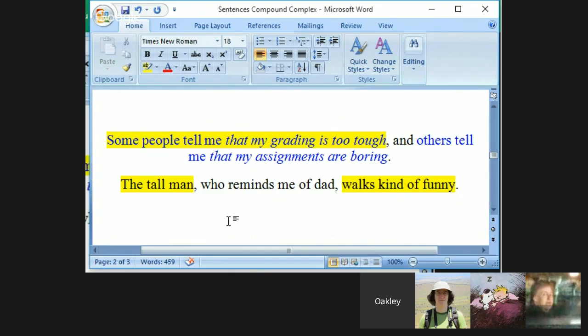I give an example, listen. Now I make up an example with the first. Yes, okay. Well, some people tell me that my cooking is great, but others tell me that it sucks. Okay.